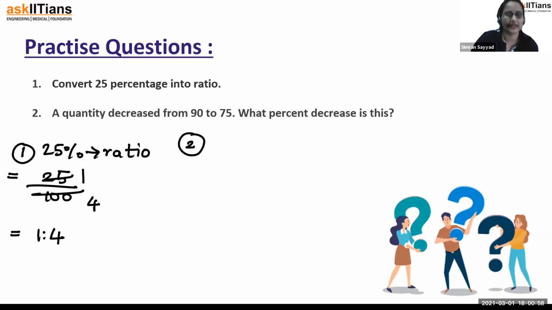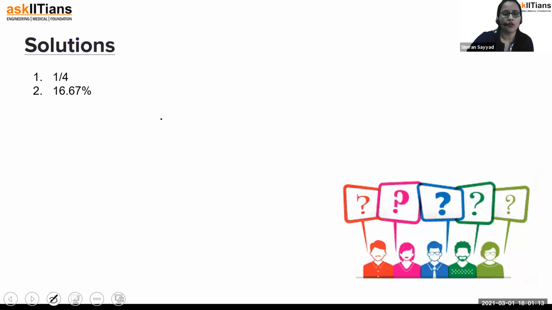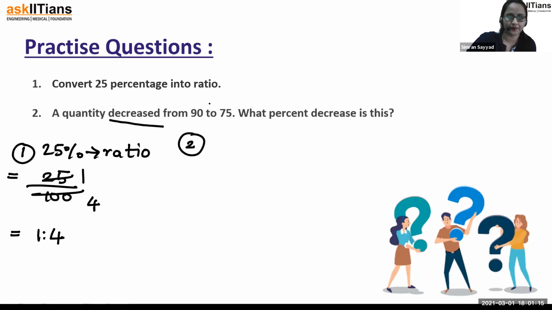The second one: a quantity decreased from 90% to 75%. What percent decrease is this? For this, what you have to find is the percentage decrease. For percentage decrease, it is minus.